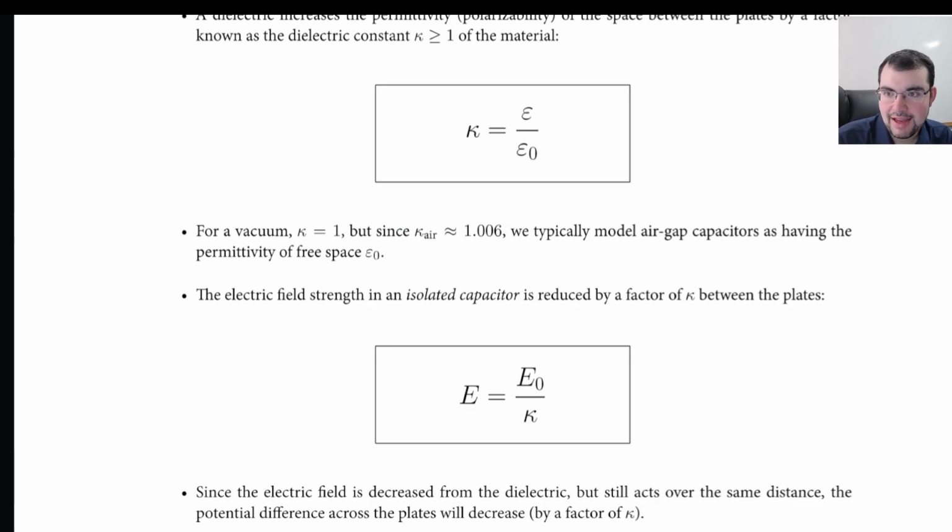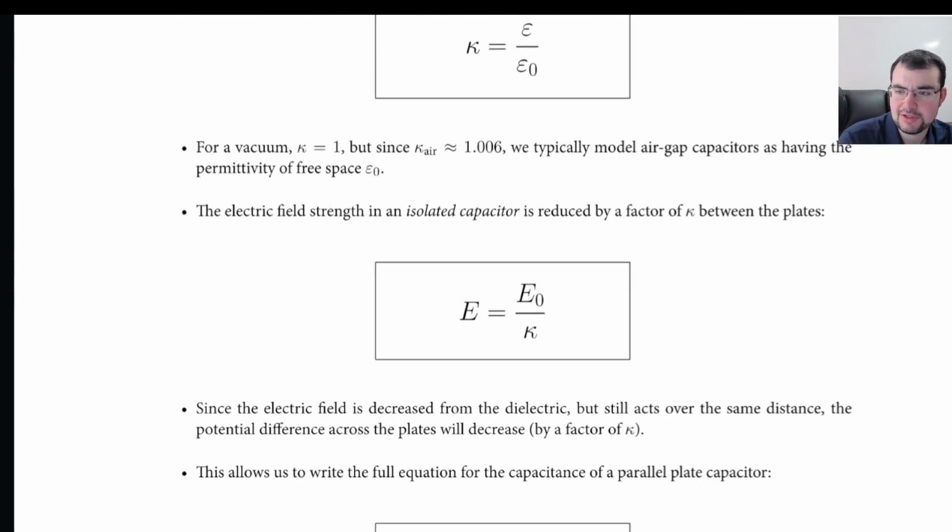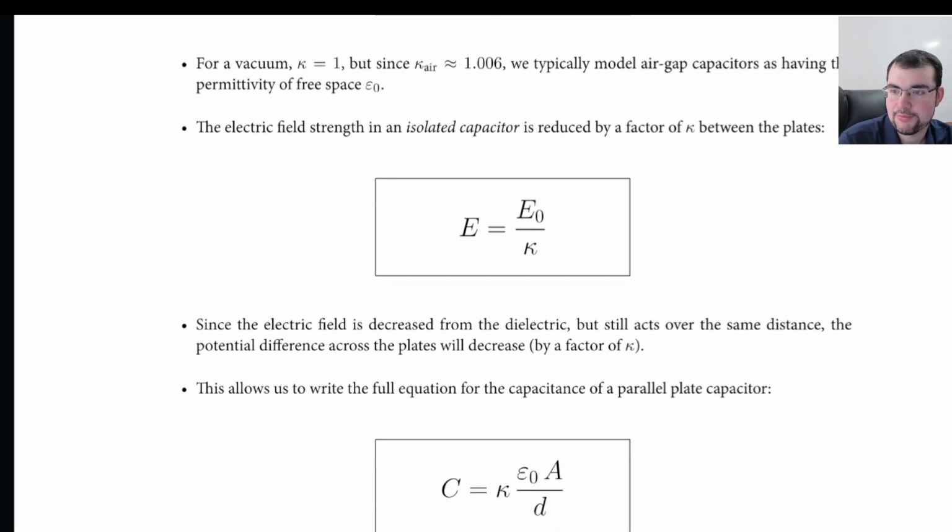If you have a vacuum, kappa is 1. And that's a hard lower limit on kappa, because if the field is always getting reduced, you can't reduce it to a value higher than its original. So kappa is anything from 1 to double or triple digit numbers in certain materials. Most of them are single digit though.